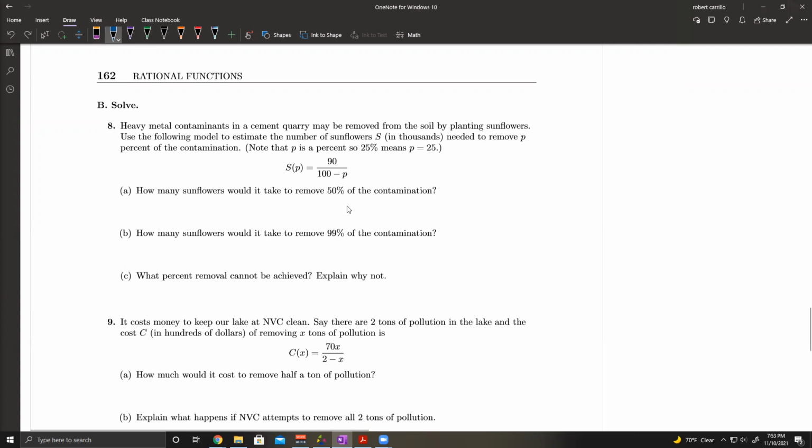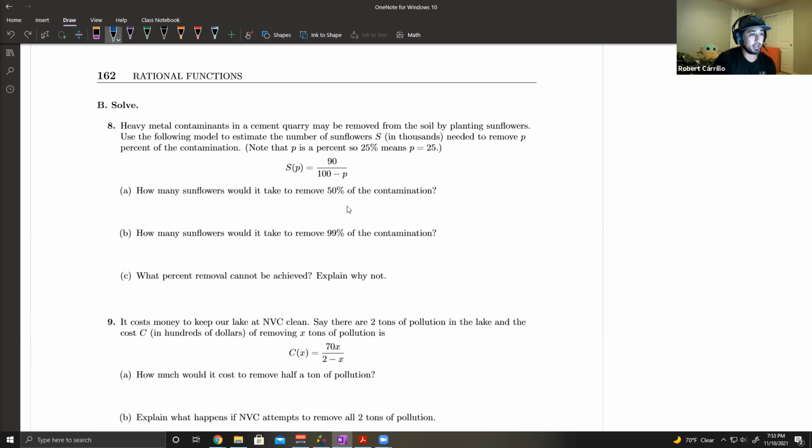50. Good. So we would have S of 50 equal to 90 over 100 minus 50, which would give me 90 over 50, which would reduce to 9/5. We are using the model to estimate the number of sunflowers in the thousands.